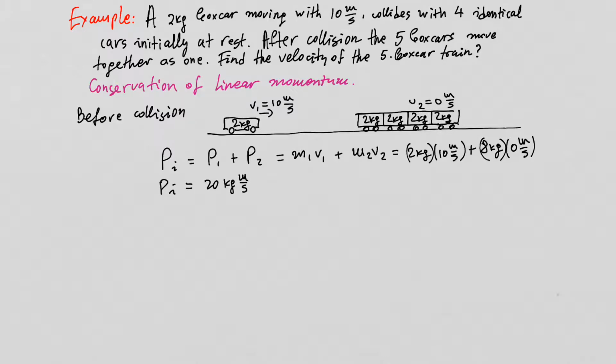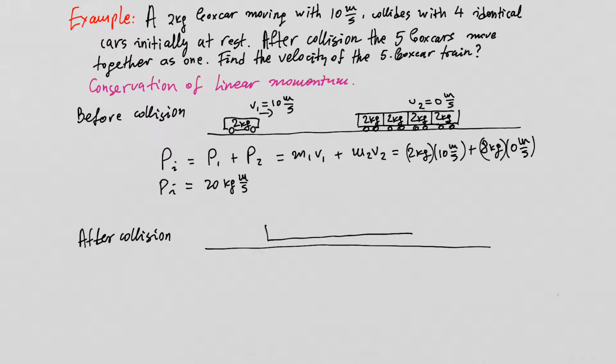Now let's look what happened after collision. So after collision, we have all the boxcars moving together as one. Each of them has, again, a mass of 2 kilograms.